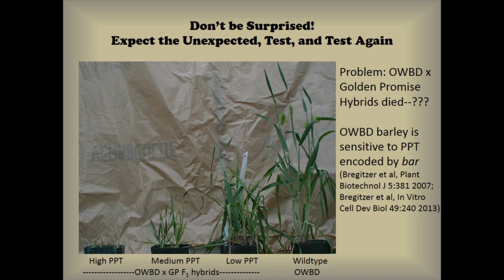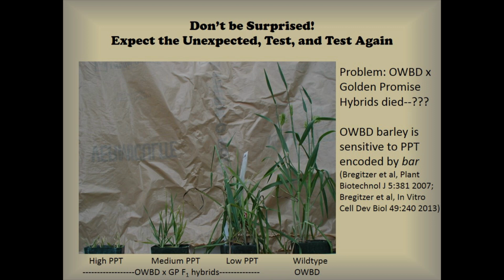And the problem was that our hybrids died. If you see in this picture, on the right is a normal wild-type plant, and to the left there are progressively more severe phenotypic disturbances in some hybrids. In fact, in the one pot on the left, you see these plants that have barely survived. These are all the same age.